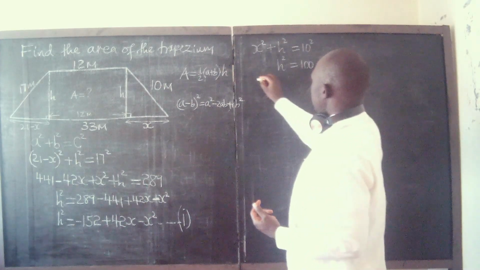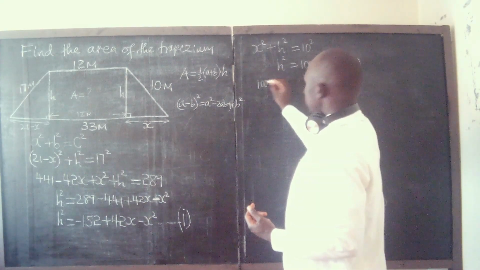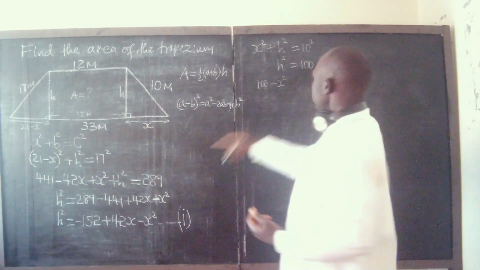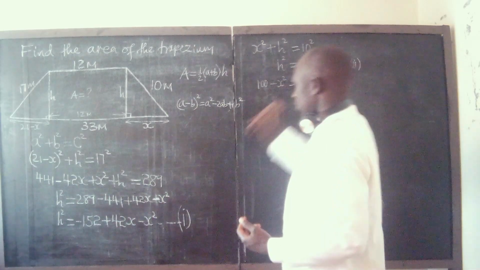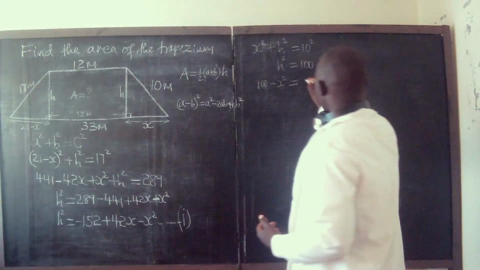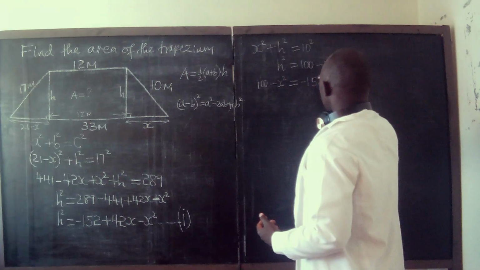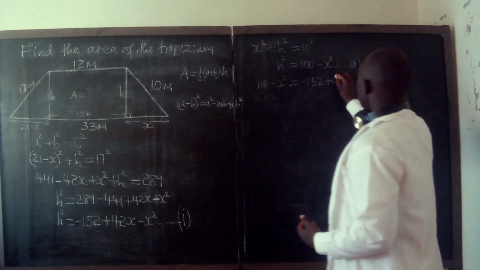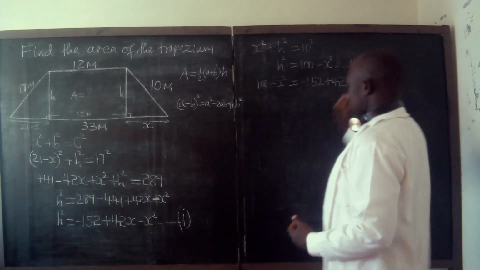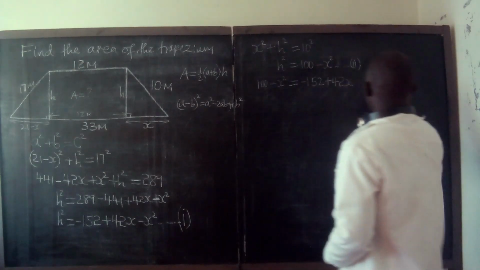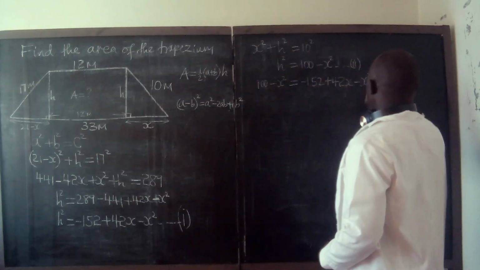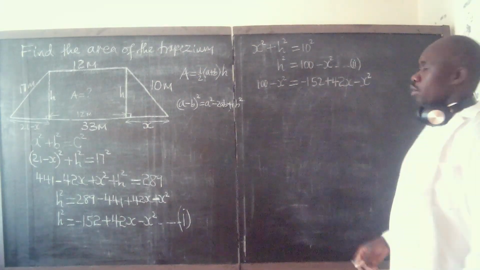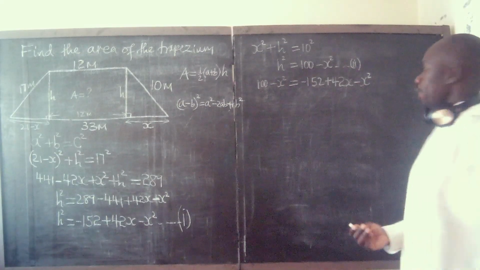We shall have 100 minus x squared equal to minus 152 plus 42x minus x squared. Now we can work out the value of x.